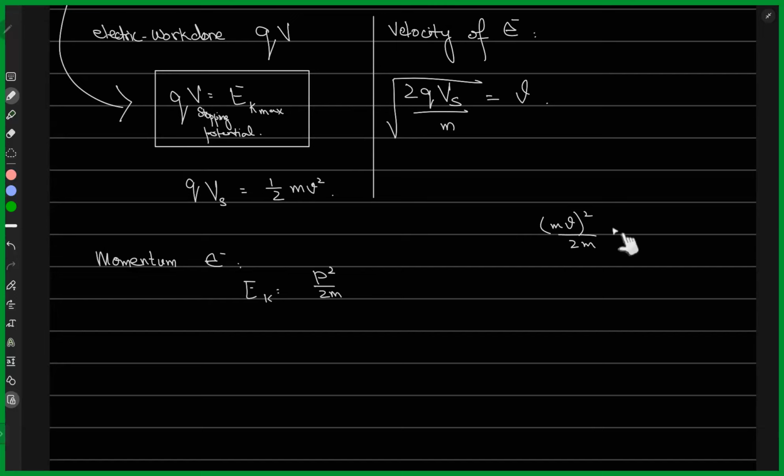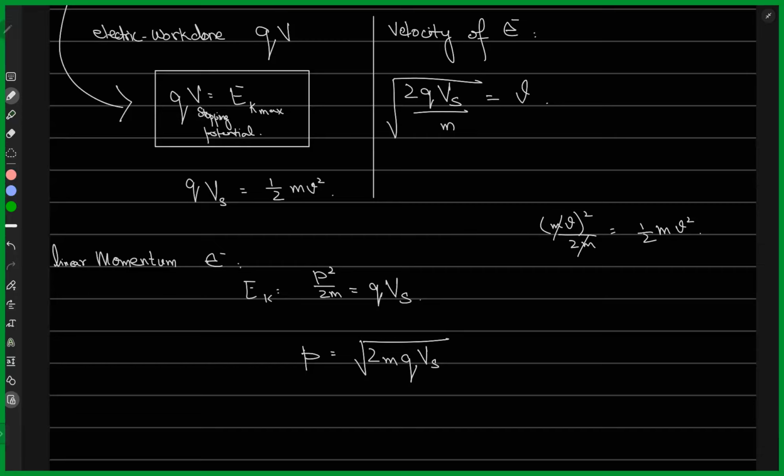So the m cancels, and this becomes half mv squared, which is the kinetic energy, equal to q times Vs. And in the same way, this gives you the momentum, the square root of 2m qVs. So this is the linear momentum of this electron under a specific stopping potential or stopping voltage, right?